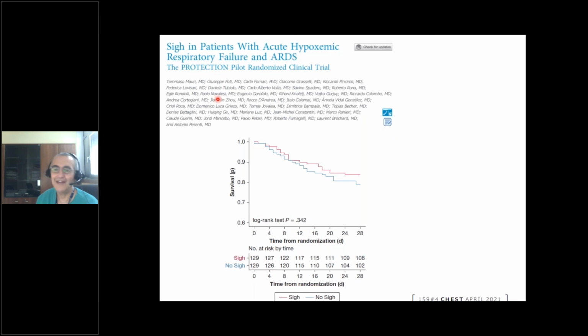The study ended up saying that patients with Sigh have a similar and maybe better survival, but the point was not the survival. The point was to see if it is safe, and it is safe. It does not make any worse outcome. So we have to go ahead with this idea.